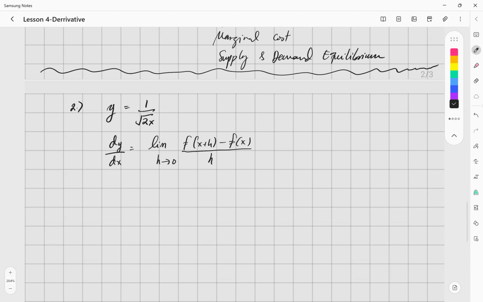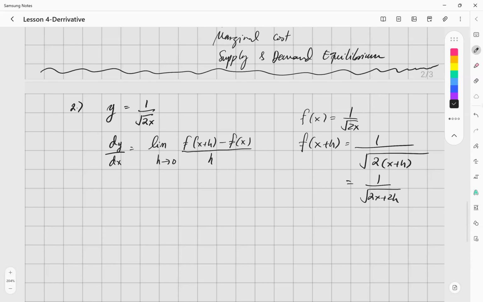Now your f of x is equal to 1 over the square root of 2x. What about f of x plus h? You just have to replace the x with x plus h. Then you will get 1 over the square root of 2x plus 2h.